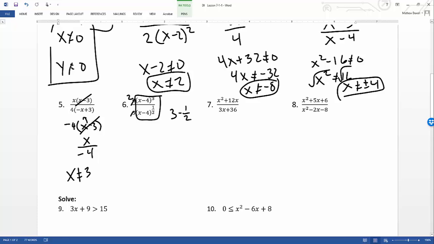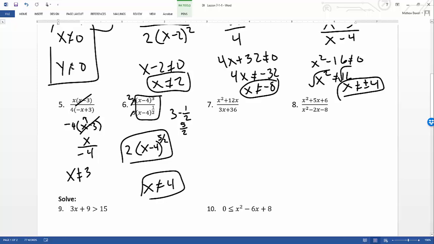And the exponents actually subtract. So 3 minus 1/2, that's going to give me 5/2. So I'm going to get (x minus 4) to the 5/2, and then it's still 2. That's going to be my answer. And then on the bottom, obviously, x can't equal 4.